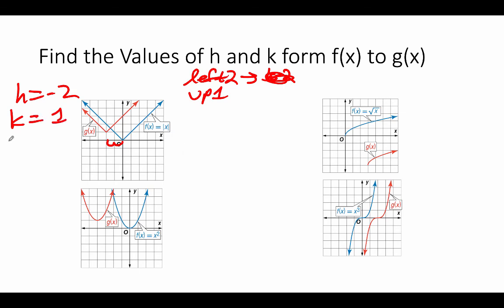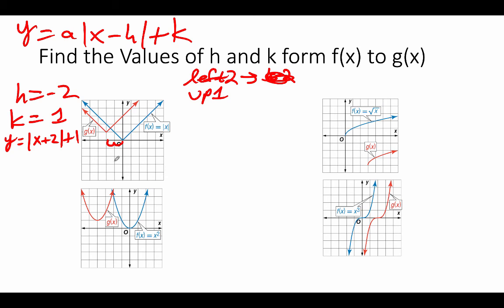The formula for this one would be y equals absolute value of x minus negative 2, which is x plus 2, plus 1. You got to be careful on that. X minus h plus k. That's x minus negative 2. It went left 2, up 1.